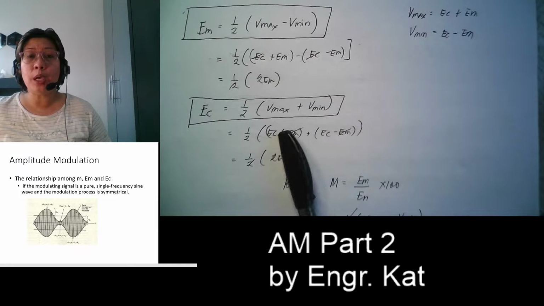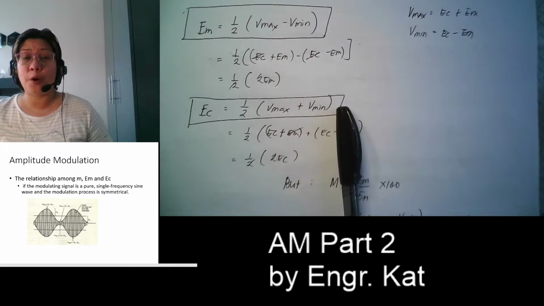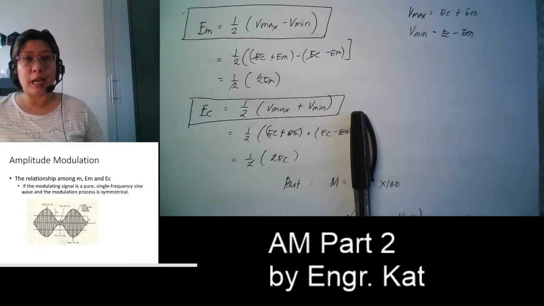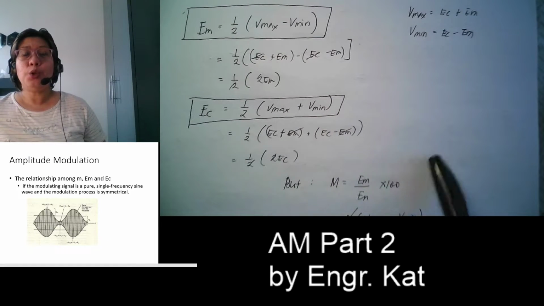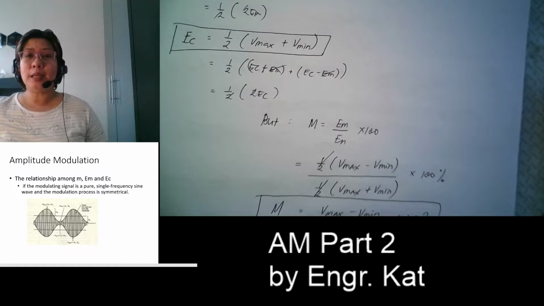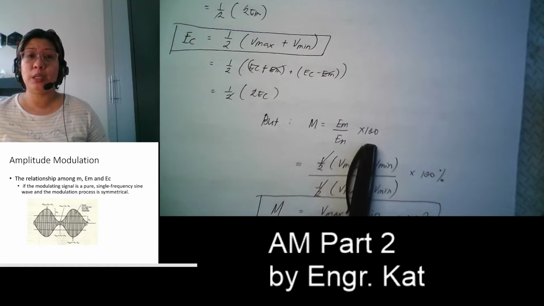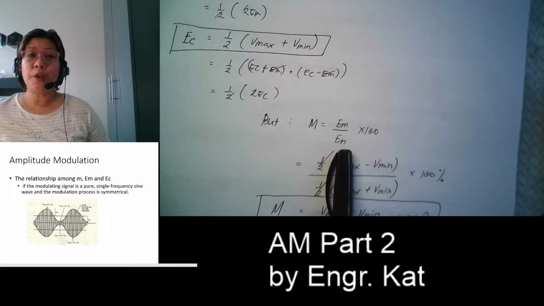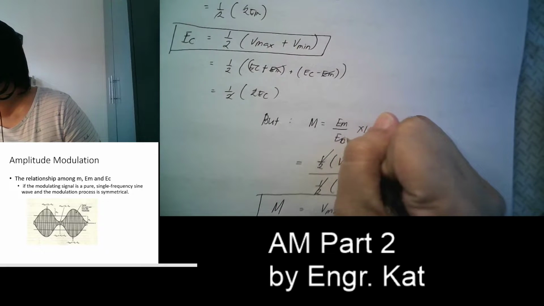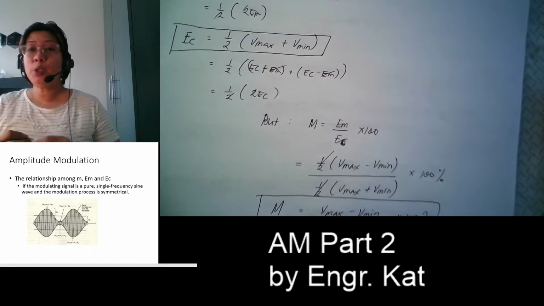So where did this come from? It came from the figure, and at the same time we are considering a symmetrical envelope. A while ago in our previous slide, we said that the percent modulation is equivalent to EM divided by EC times 100.